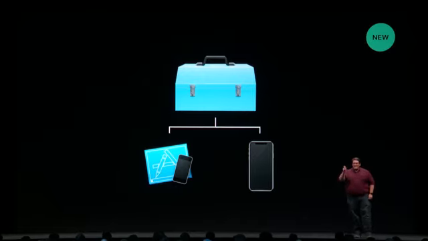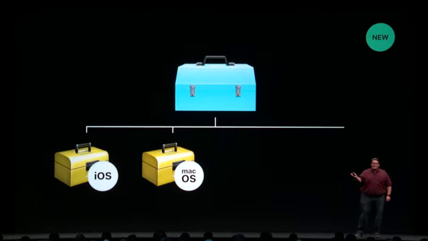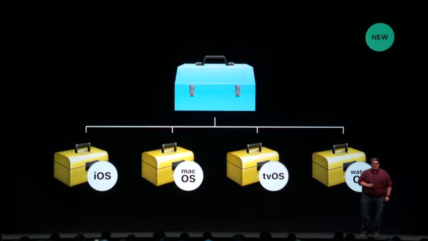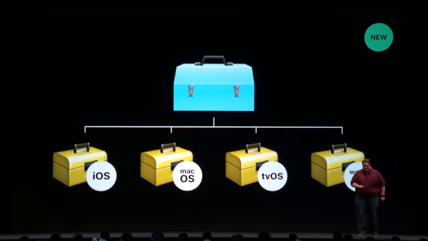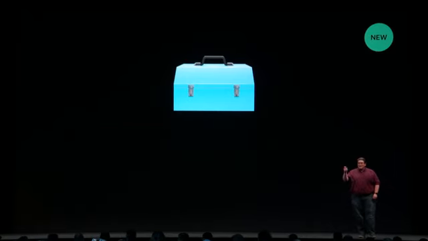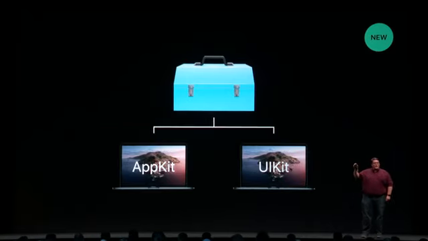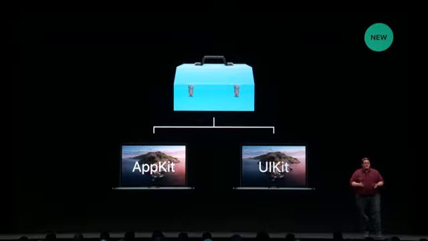Not done yet, because a single XC framework can also contain a variant for any of the platforms that Xcode supports. You can also have a variant for Mac apps that use AppKit and a variant for Mac apps that use UIKit. So no matter which API your clients want to use, they'll be able to use your framework effectively.